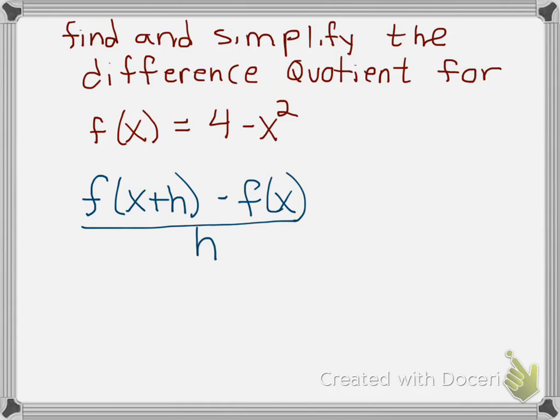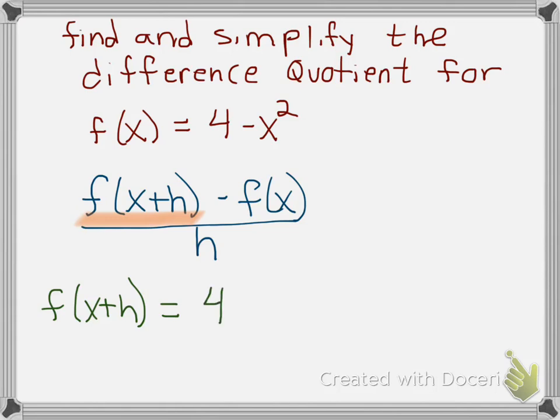So let's go ahead and do this in 3 different steps. First step is we're going to try to find just the f of x plus h. That's always going to be the first thing that we want to find. Easier to start off with just that one. Looking at just the f of x plus h, we have to replace in our function every time you see an x, you want to put the entire x plus h.